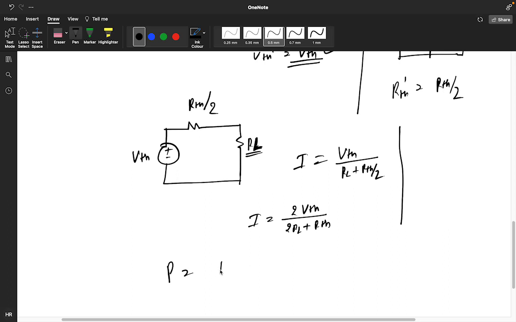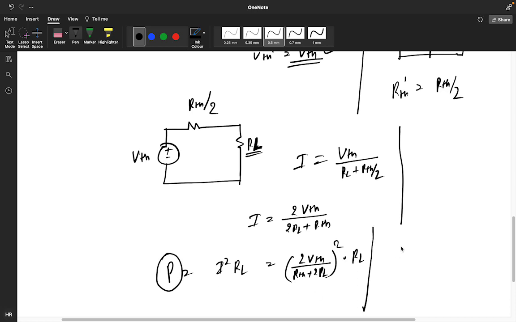Power will be I square into RL. So that will be 2 VTH divided by RTH plus 2 RL, the whole square, into RL. So this is your new P.